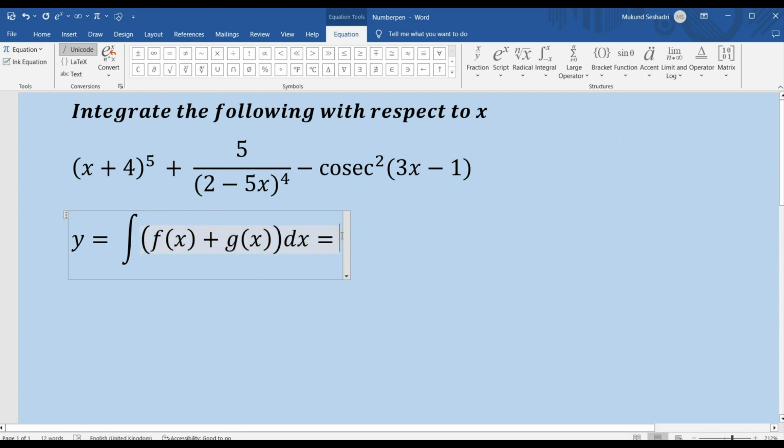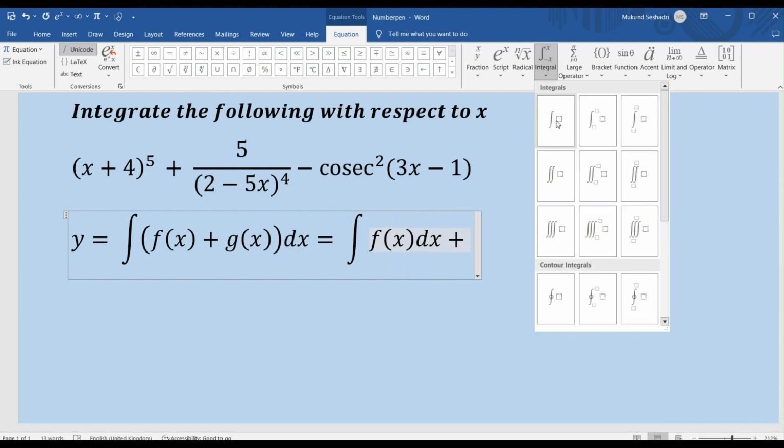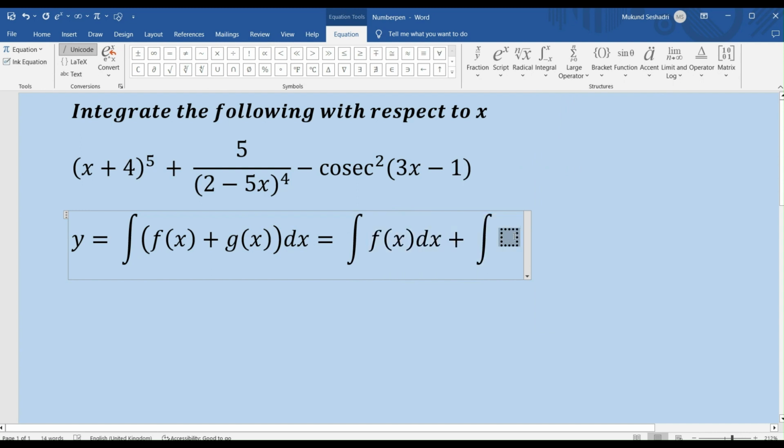Now this becomes equal to integral of f of x dx plus integral of g of x dx, right? So this is what the sum rule in integral calculus states, and the problem that we have on our screen is something very similar to what we have written just now as the sum rule in integral calculus, right?